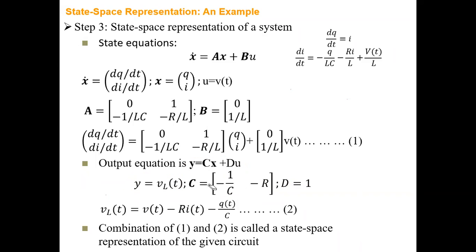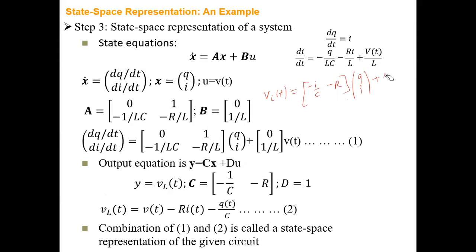Let me see. So your Y is VL(t) equals, what is your C? Negative 1 over C, negative R. Then what is your X? X is Q, I. Then what is your D? Your D is 1. Then what is your U? U is VT, right?